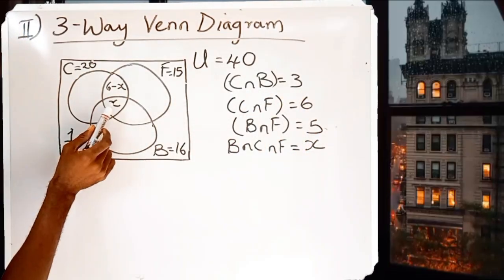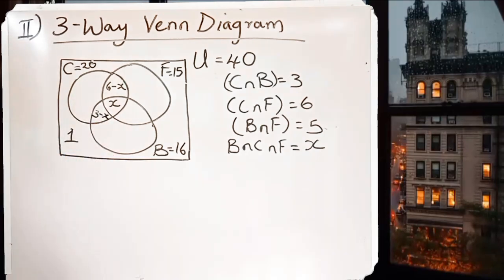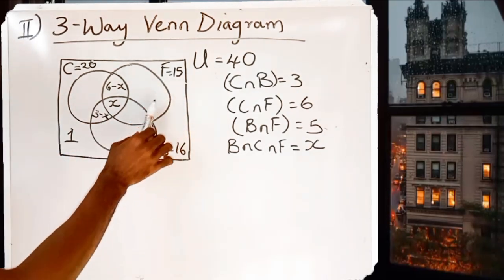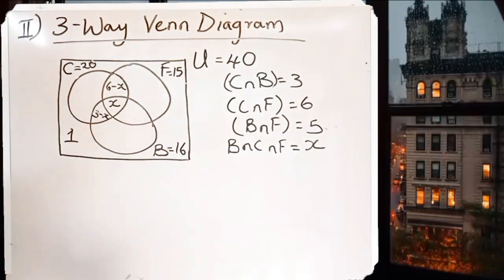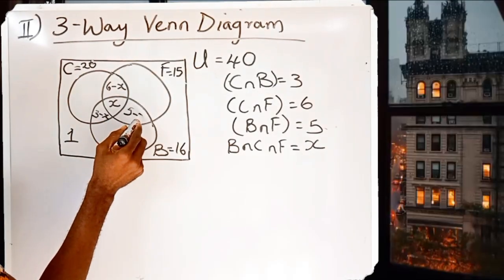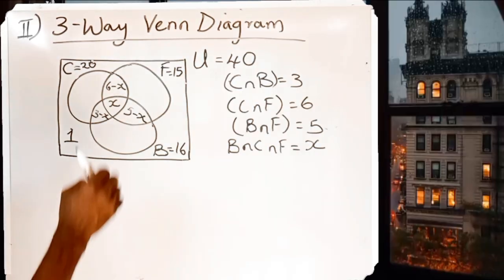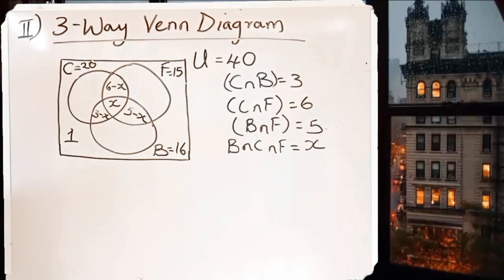Since they didn't indicate only, we are going to write 3 minus X. Football and basketball was given as 5, and since they didn't say only as well, we are going to say 5 minus X. As far as it was not written only, you must do this. But if it had said 5 students did football and basketball only, I would have written 5 without subtracting anything.